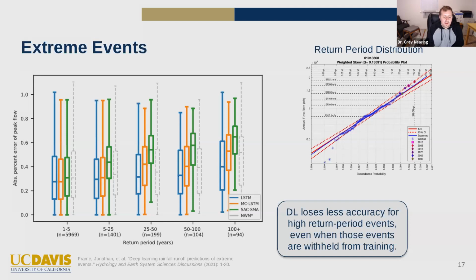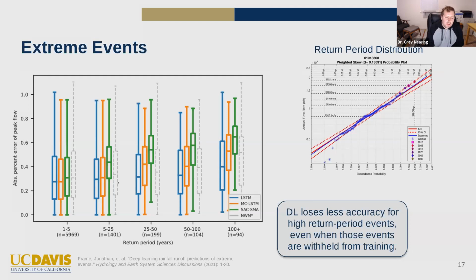And we do lose some accuracy. You can see the mean of the blue box, which is the LSTM, does increase. Higher scores are worse here, but it doesn't increase as fast as the traditional hydrology model. So the conceptual model, this is the Sacramento model, loses accuracy much faster than the machine learning model, even for out-of-sample events.